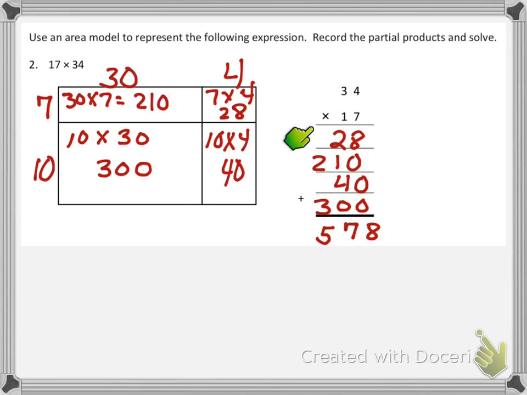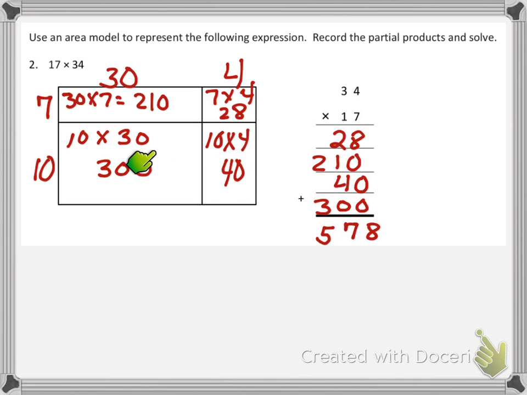And then if we continue on, 7 times 30, 210. And we continue with 10 times 4, 40. 10 times 30, 300. If you look over here, 7 times 4, 28. 7 times 30, it's not a 34, it's a 30, 210.